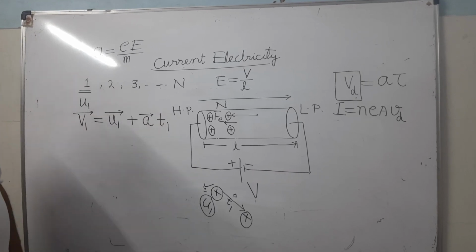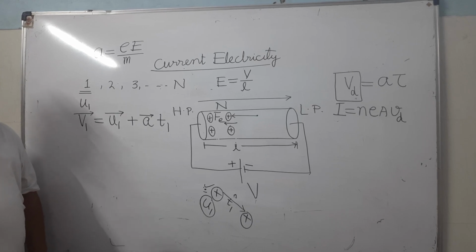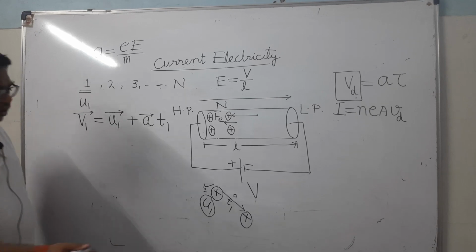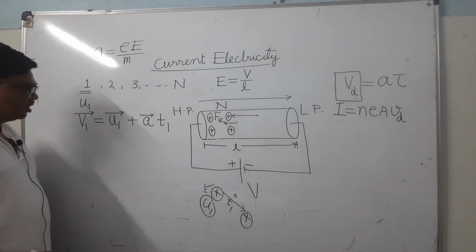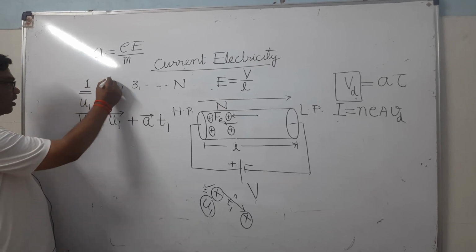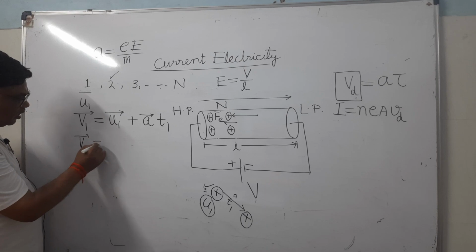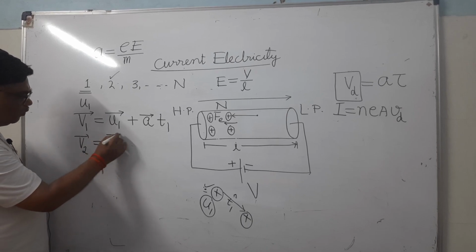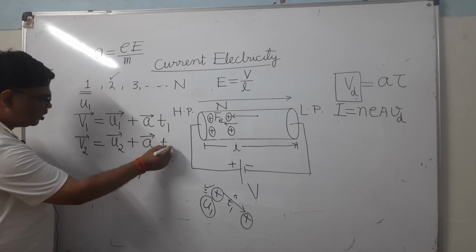It's clear? This will be the velocity of the first electron before colliding with any other ion. Now see here, what will it be for the second electron? It will be vector v2 equals vector u2 plus vector a t2.